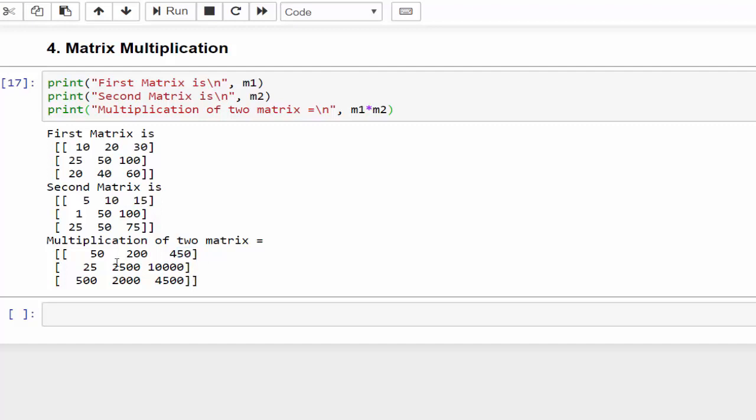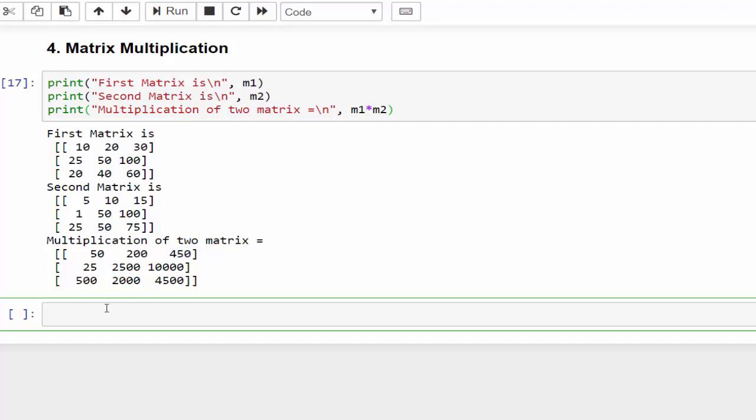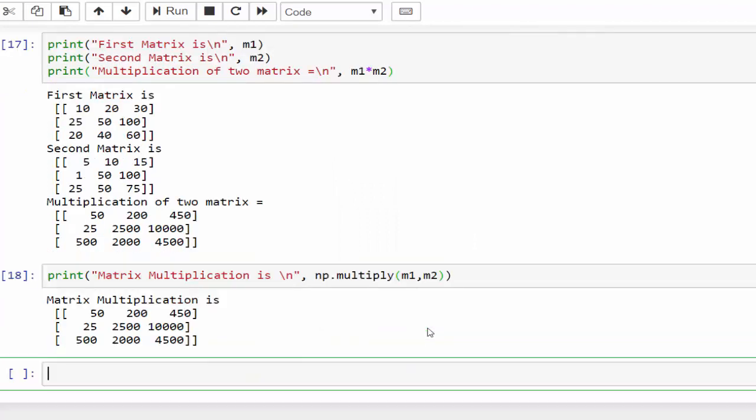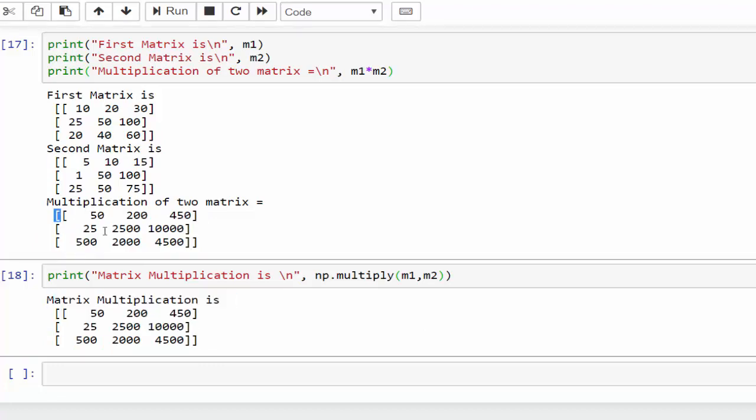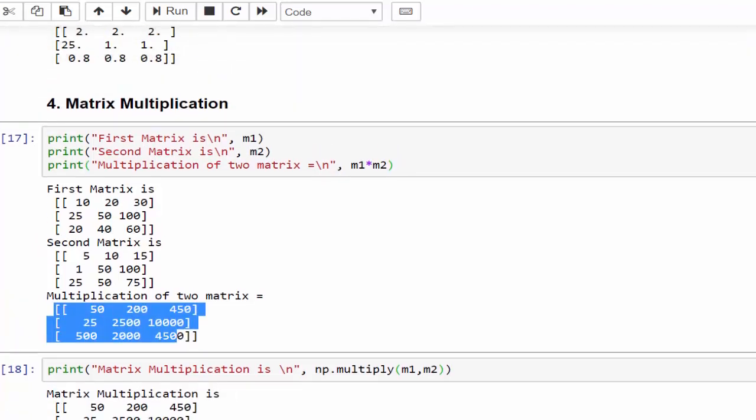So element wise matrix multiplication is done. The same we can do using the multiply method. np.multiply(m1, m2). When we execute it, the output remains the same. So this is how we have to perform the matrix operations.